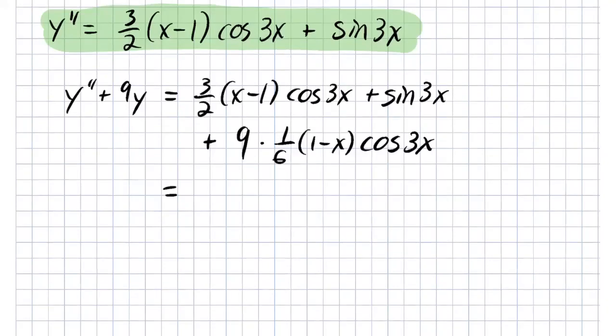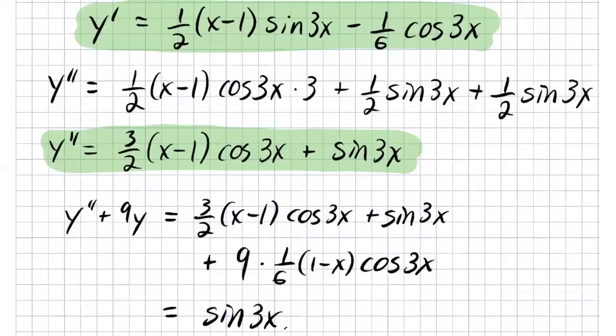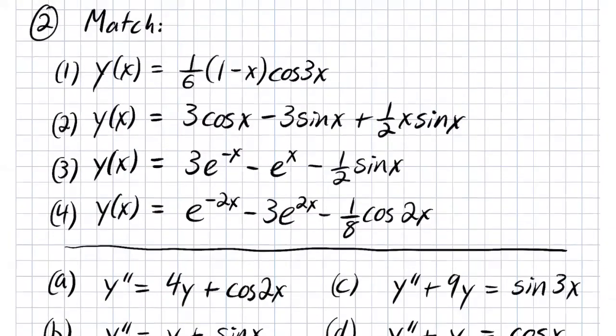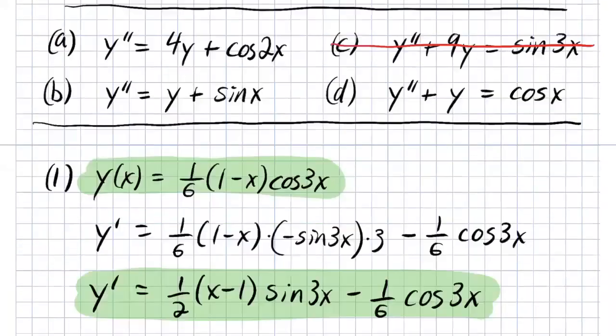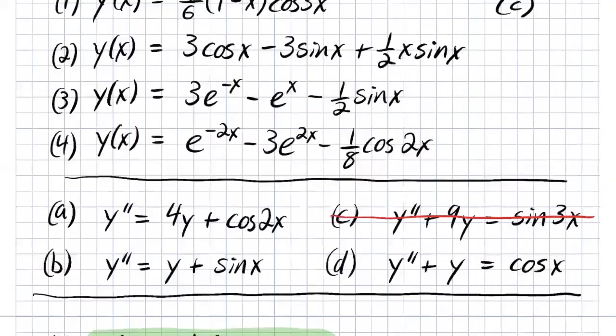So that's going to be, let's see, that 9/6 becomes 3/2, and then this is the negative of that. And so I can see that these guys cancel, and so we're going to get just sine 3x. Okay, so that's the first one. So that means that the answer to number 1 is going to be C. Okay, so that crosses this one off the list. So that one's done. And let's move on to the next one.